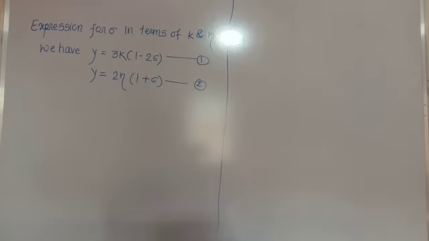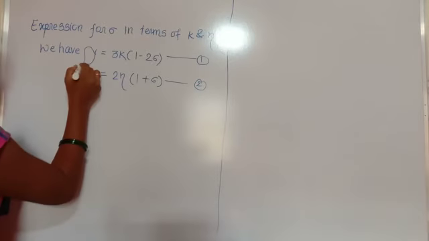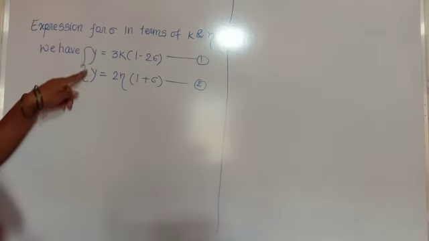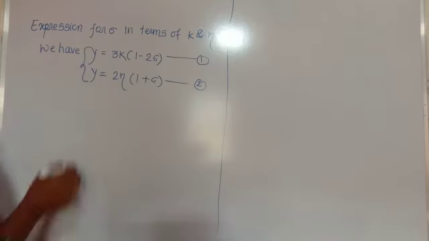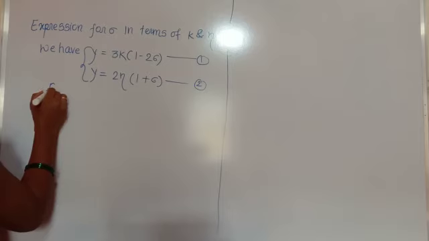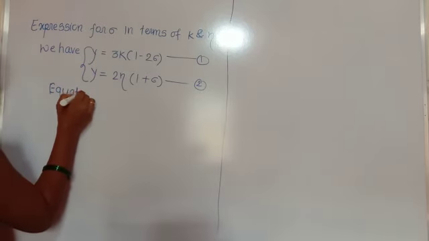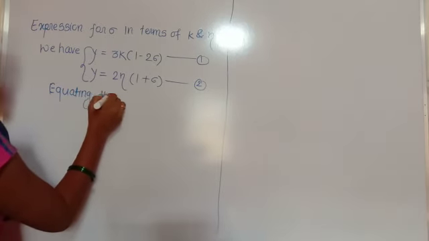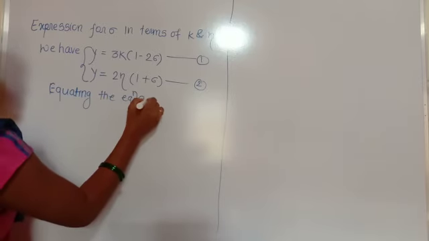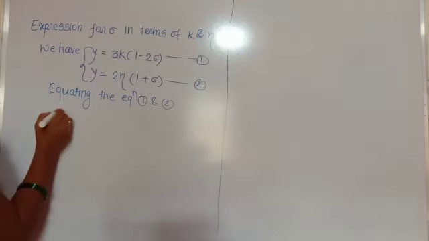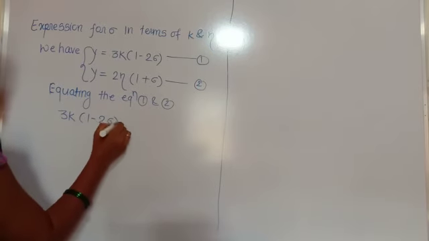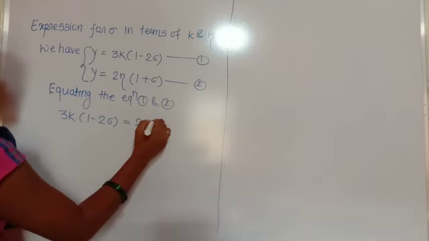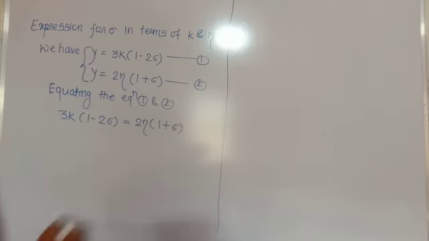Equating both equations, since the left hand side is Y, the right hand sides become equal. So equating equations 1 and 2, we get 3K(1 minus 2 sigma) equals 2 eta (1 plus sigma).